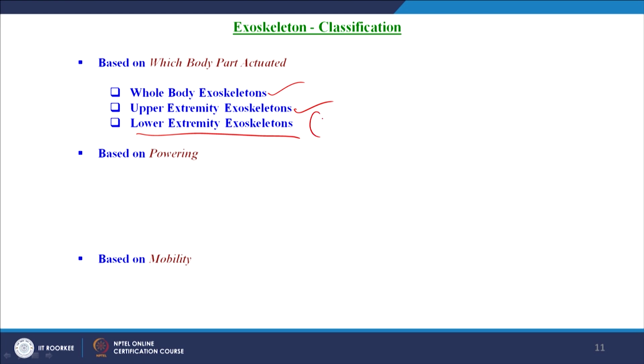The leg means all 3 joints, that is the hip, knee and the ankle.